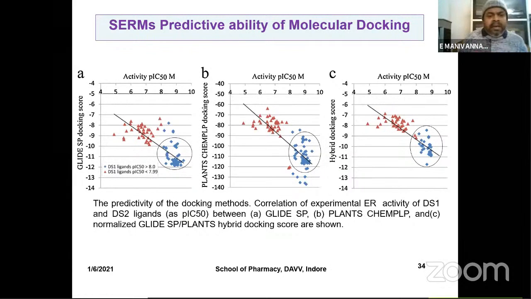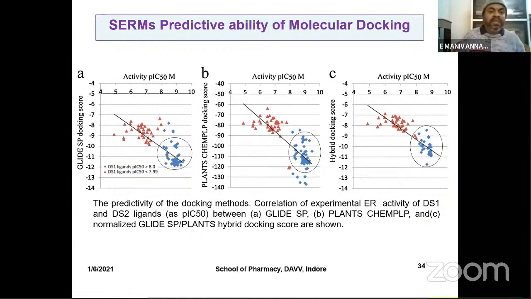The red triangles are all dataset 1 ligands, those 101 ligands, with pIC50 values less than 7.99, and the blue stars indicate all active molecules.